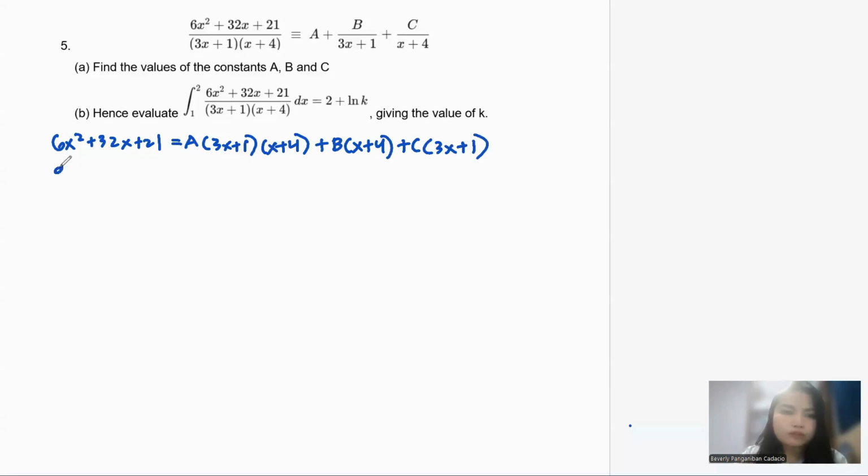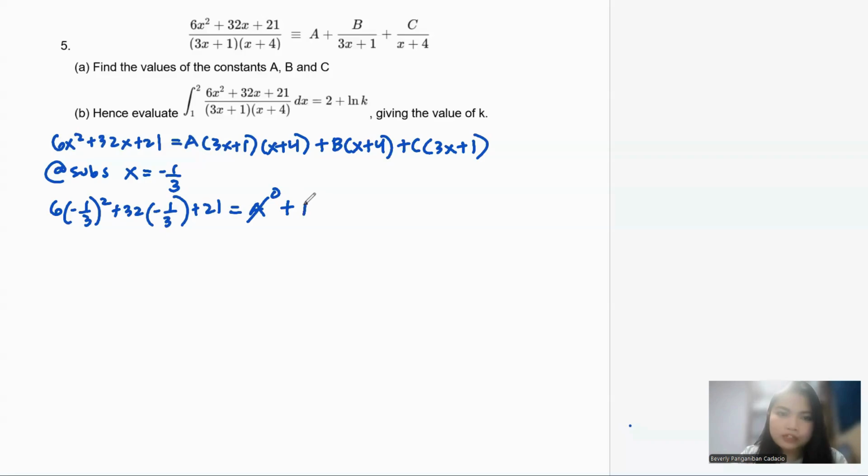Okay, you know what to do. I'm going to do substitution. I'm going to put first negative 1/3. Put negative 1/3 in everything: negative 1/3 squared first, before you multiply by 6, plus 32 multiplied by negative 1/3. Be careful of your parentheses in your calculator. The A will just be 0 because you can see you have 3x plus 1 there. I will not show the substitution there, but I can show it here.